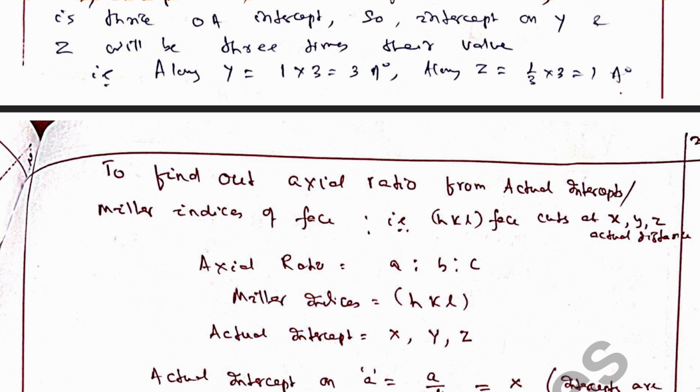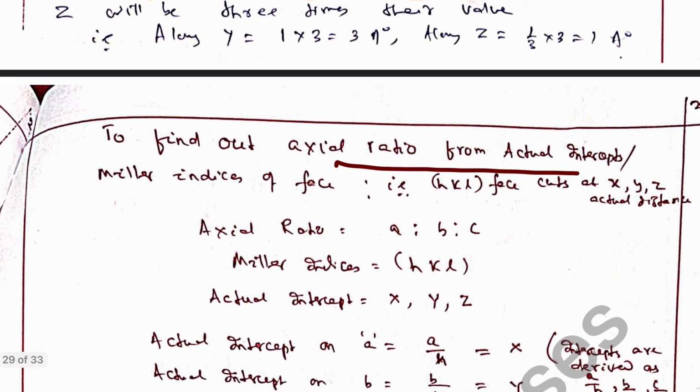Let us find out the axial ratio from actual intercepts. Find the Miller indices of a plane that cuts x, y, z actual distances. So axial ratio is a is to b is to c.